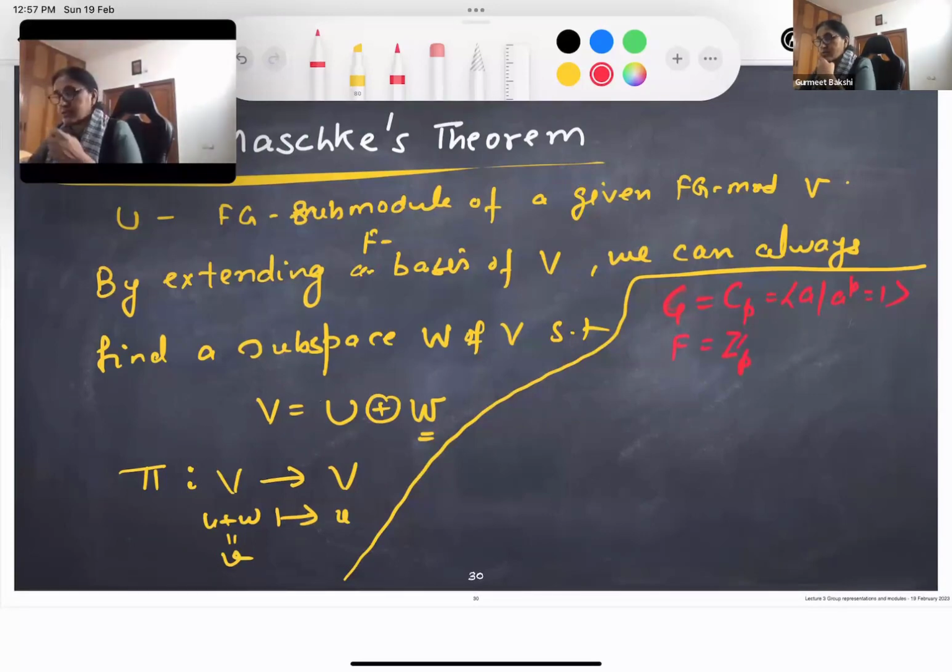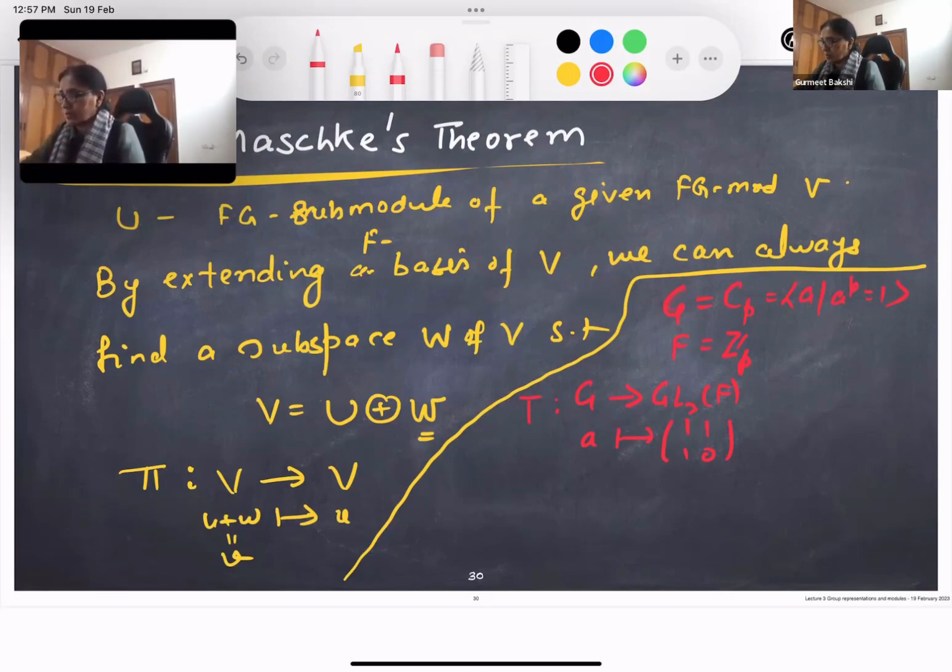Now the characteristic is not coprime. Look at this representation from G to GL2(F) given by a going to (1 1; 1 0). This is a 2-degree representation.